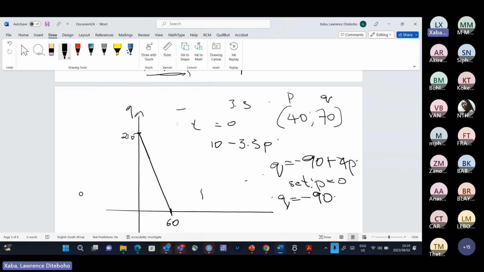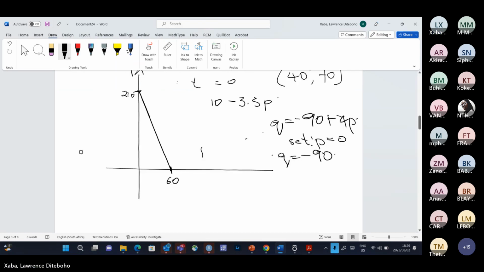I hope you still remember that. Going down our vertical axis, it still represents Q, but this time on the negative values. I will extend this to make it more vertical. Then we can say here we have negative 90 that represents our Q.